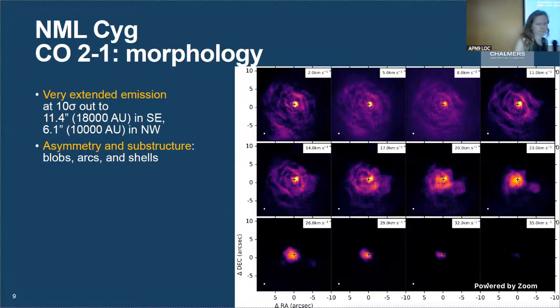So there is a very clear blob here, right? So to the southwest, which we'll see later will nicely line up perpendicular to the other preferred orientation in the system. So that's a blob, and then we have all these arcs and shells.